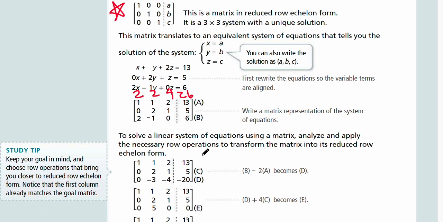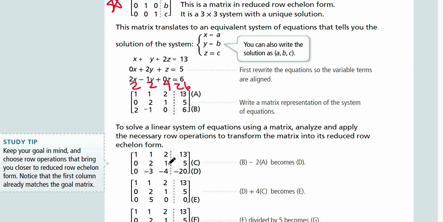And then we're going to add the second row, the new third row, and the second row times 4. So the second row, we're going to times 4 to get 0, 8, 4, and then 5 times 4, 20.